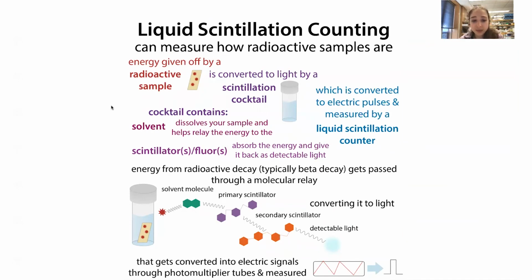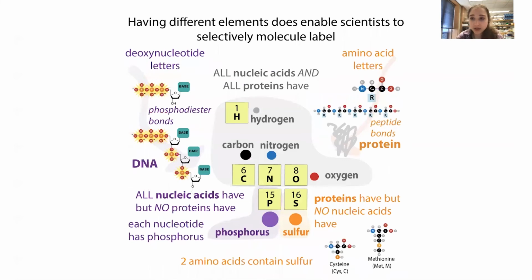This isn't being used to measure super high energy radiation, but it's really great for measuring the types of molecules that we use in biochemistry, things like P32, C14, tritium, various things that we can use to label molecules and track them.